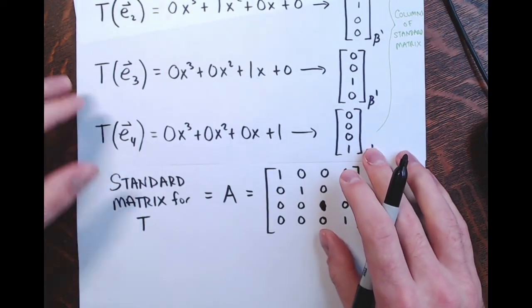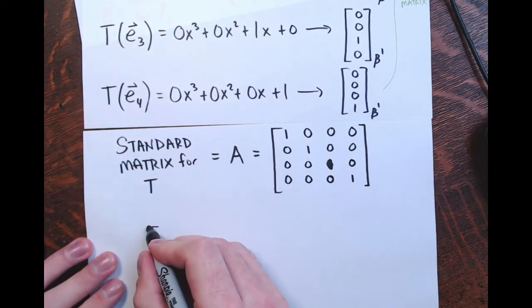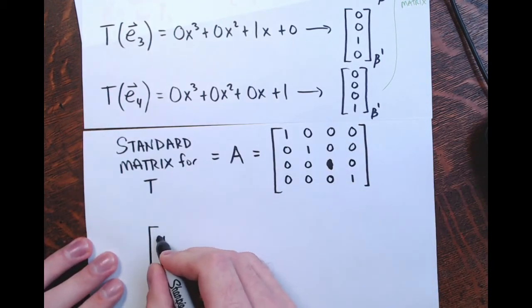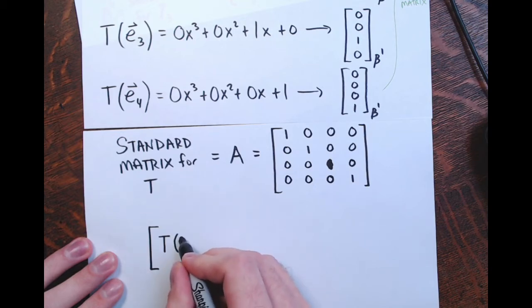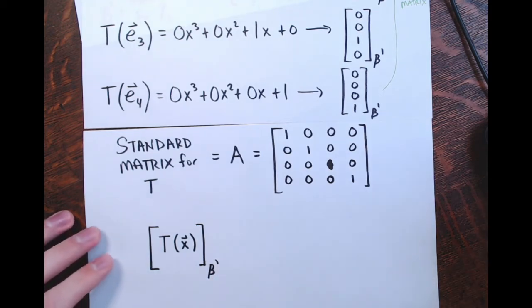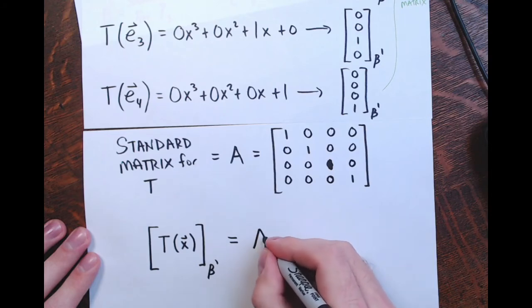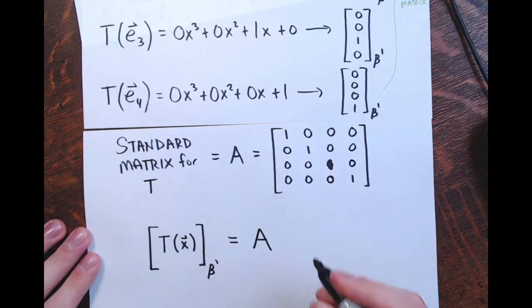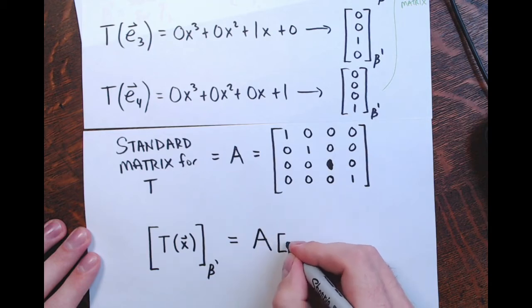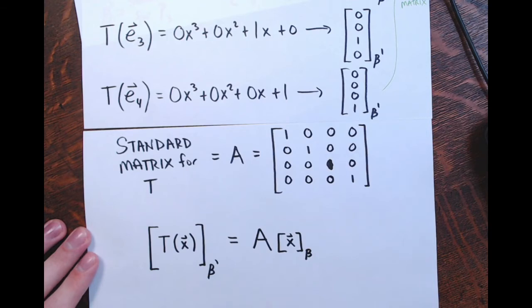And then how this is going to relate back to the original is the following. Remember they said that the coordinate vector of T of x relative to B prime is going to be equal to A, the standard matrix, multiplied by the coordinates of the input relative to B. Right.